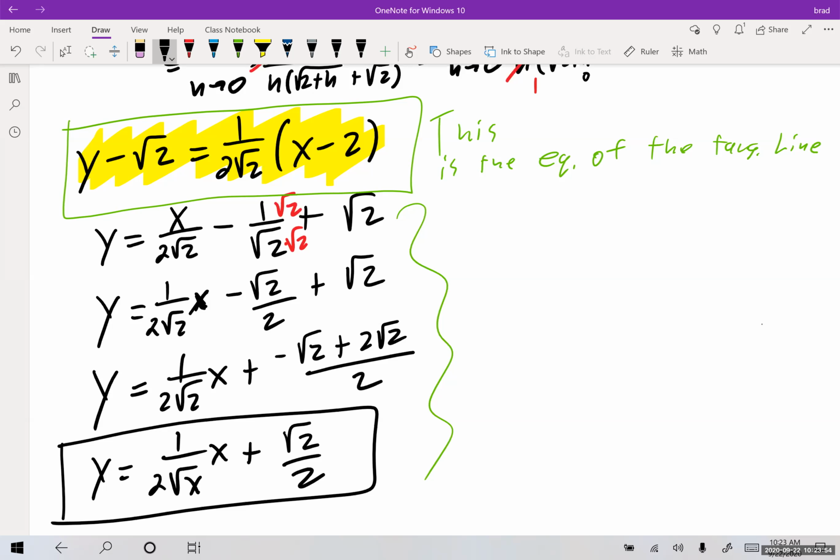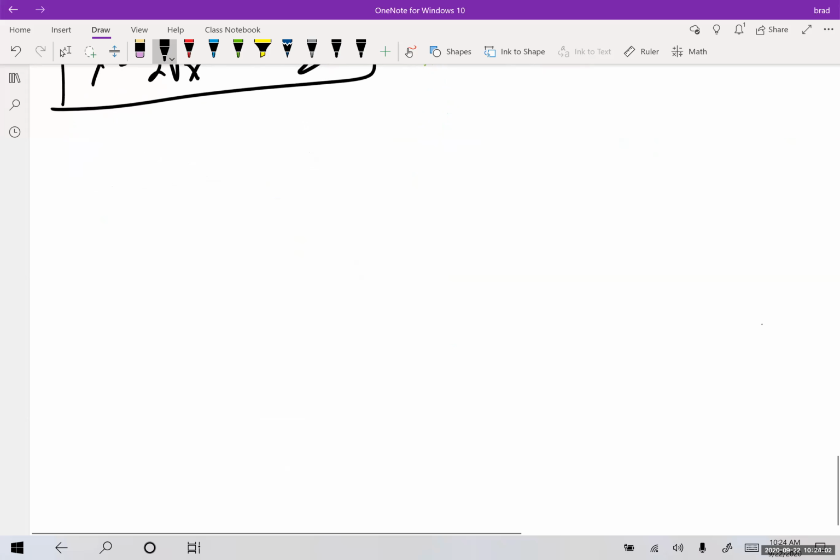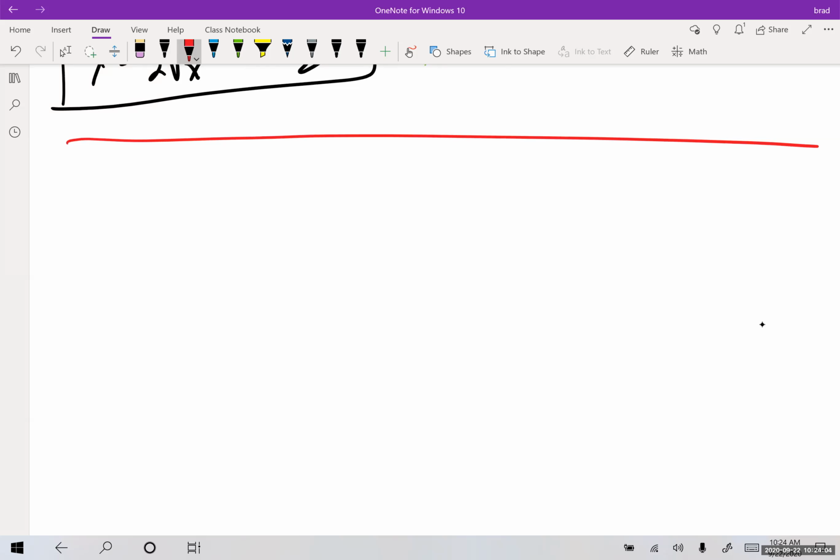But what I like to do instead is the more general form of the derivative, meaning that it's not at any given point, you're just finding the derivative for a function.